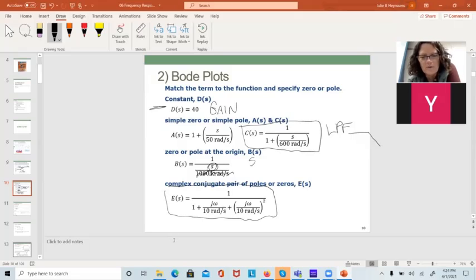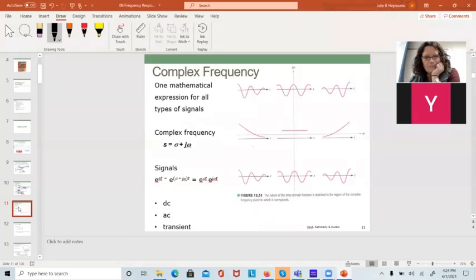The standard form is a little bit weird, but when we put it in standard form, the number here is 1, and the number underneath the j omega or the S squared is my omega naught. This term right here is a damping factor. If you take a controls theory class, you will learn about that. We're not going to worry about that too much for this class.